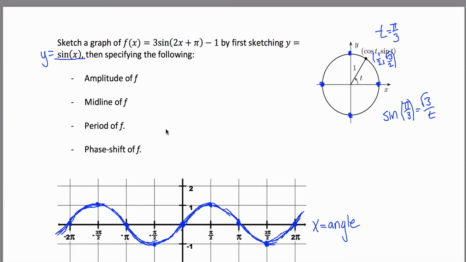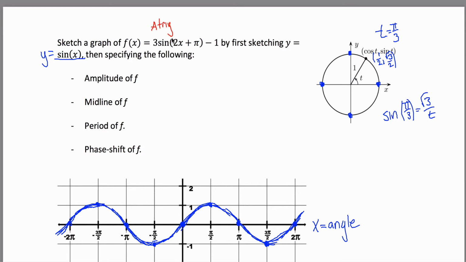So what I'm going to try to do in red is sketch this graph up here. But before I do, I want to introduce you to some vocabulary words. And in order to give you general definitions for these vocabulary words, instead of always just referring to this example, anytime we talk about trig functions, in this section it'll just be sine and cosine, we're going to use these letters.